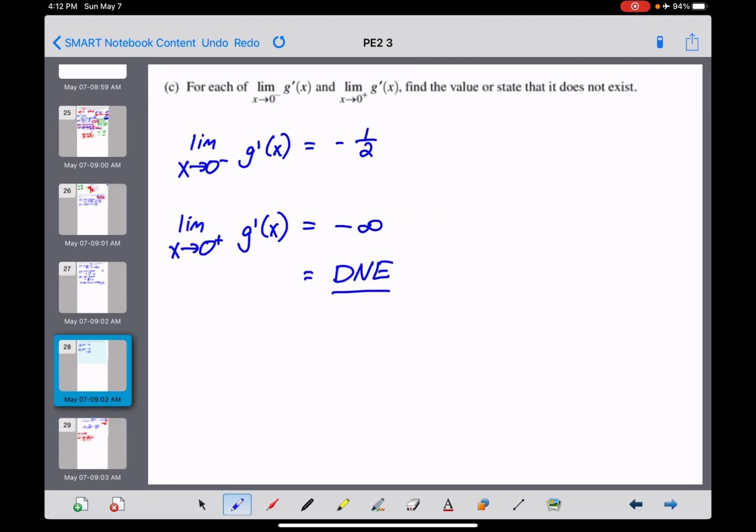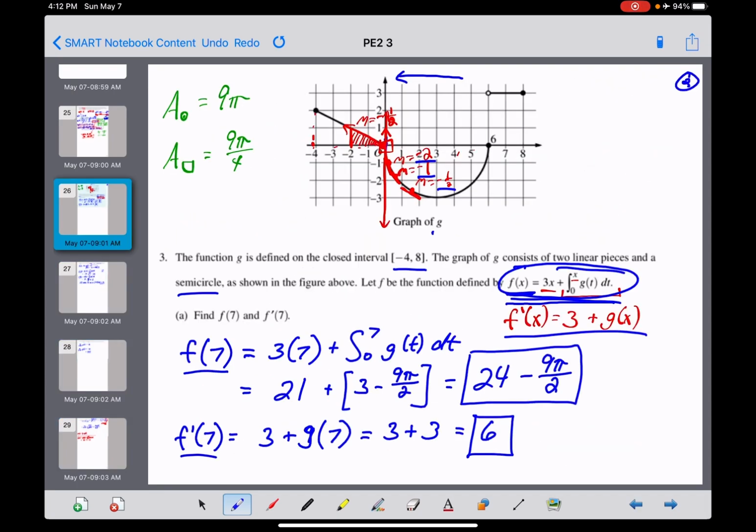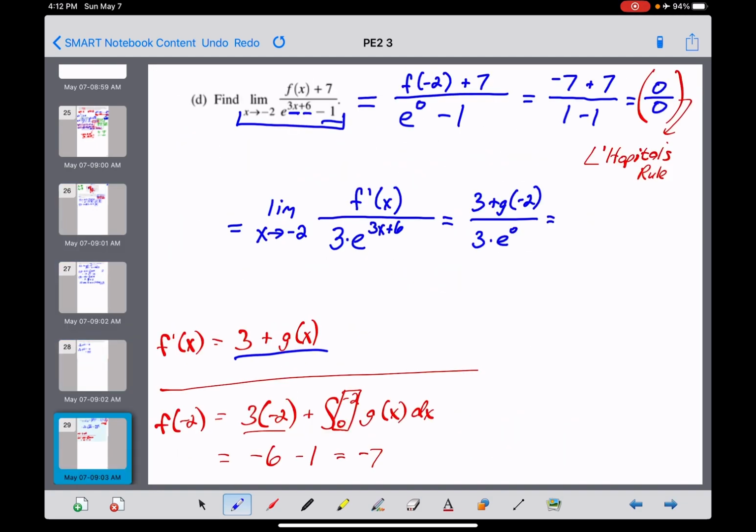Okay, I need the value of g of negative 2. This is the graph of g, and at negative 2 right there, my y value is 1. So g of negative 2 is equal to 1. That's a 3 plus 1, all over a 3 multiplied by a 1, is going to give us a 4 in the numerator and a 3 in the denominator. And that's the answer we were looking for here for this problem.